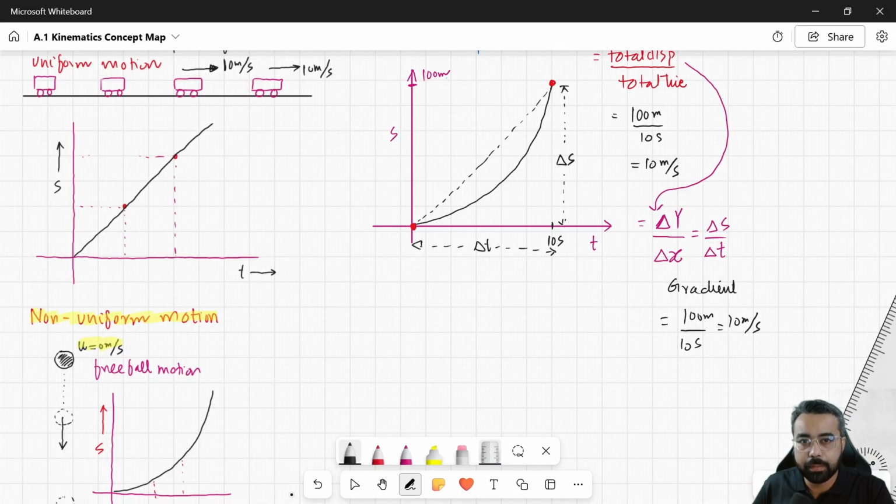But maybe you will be thinking, how do we find instantaneous velocity from the graph? Students, if you want to know what is the velocity at this instant of time, which is obviously the 7 second, at the 7 second what was the velocity of that object which is moving non-uniformly? Let's understand it in the graph portion.